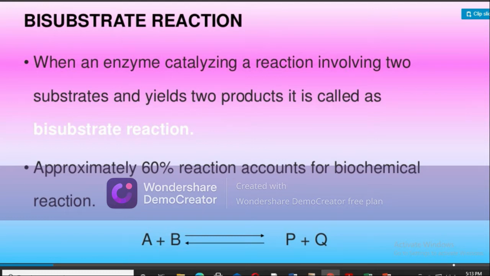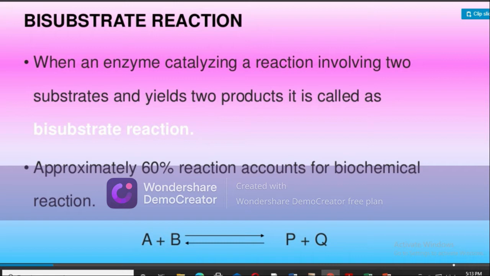It means that an enzyme catalyzes substrates A and B to produce P and Q. So you have substrate A plus substrate B to give you products P and Q. It means that you are using two substrates to produce two products using a single enzyme.